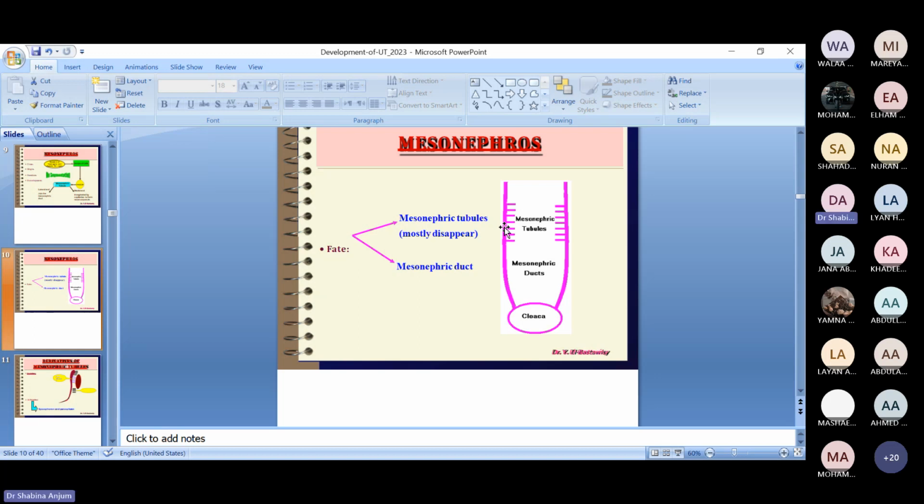Okay, so what happens to these tubules? Most of the tubules will disappear. What happens to this mesonephric duct? Okay, so you can see that this is the mesonephric duct, which will be helpful for us in the formation of some of the structures.